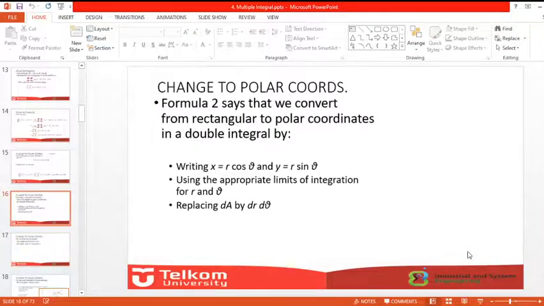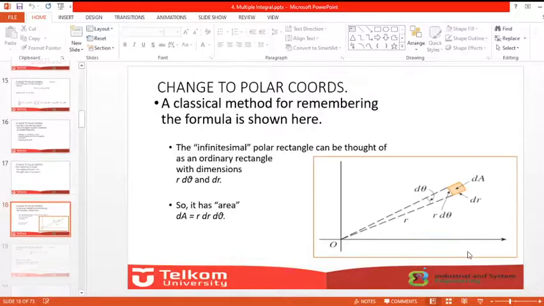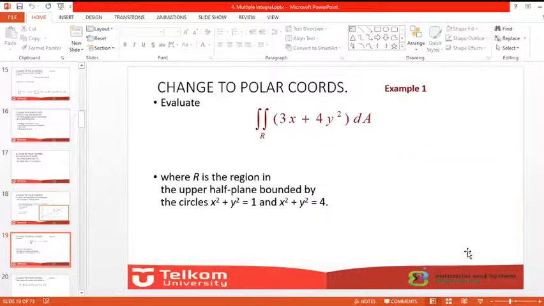So for example, how do we change to polar coordinates? If I have this integral of (3x plus 4y squared) dA with the region being the upper half plane. Upper half plane means one over four of the circle, yeah, one over four of the circle.